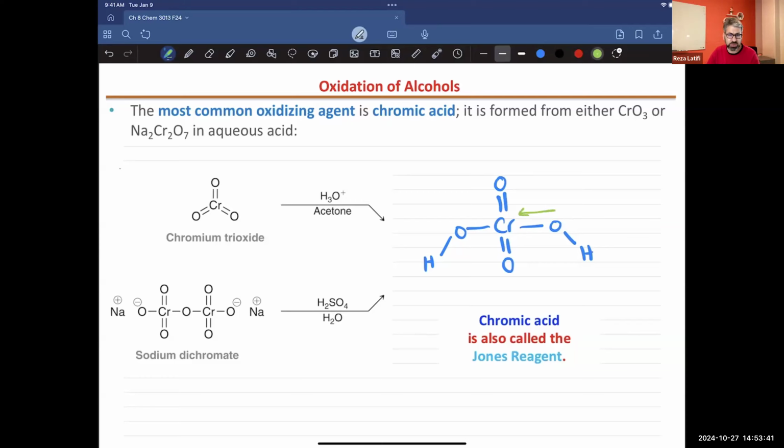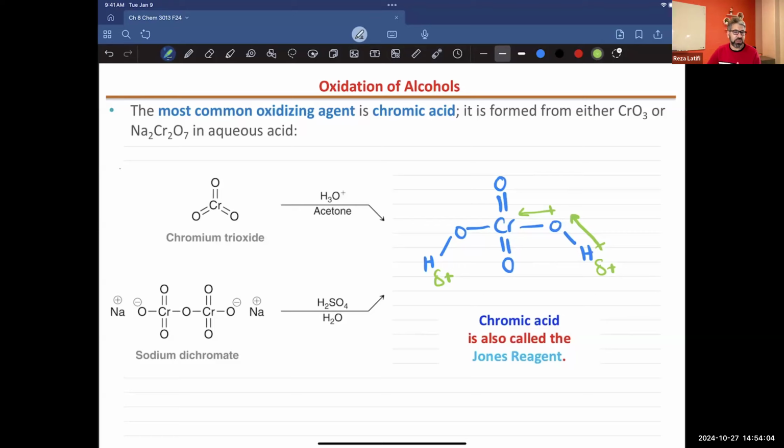It will pull electrons from oxygen, and to replace the missing electron, oxygen will pull electron from hydrogen, and hydrogen is going to have a high positive charge. So this is our acid, and we call it chromic acid, or sometimes Jones reagent.